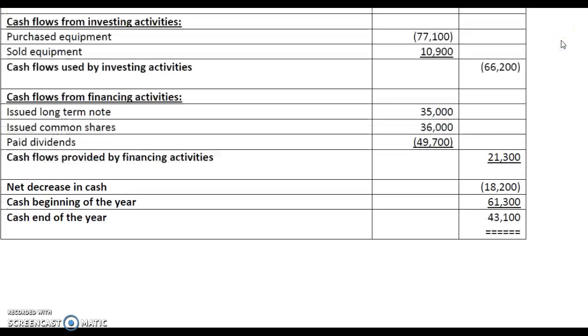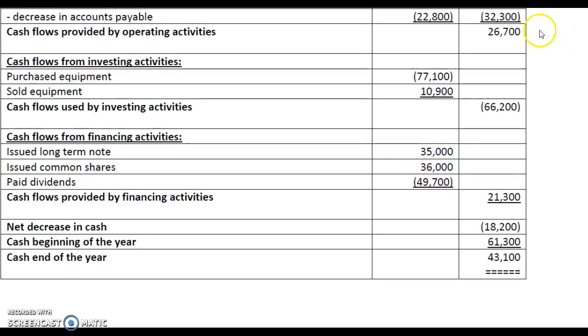Once we have got all three numbers under the three headings, that is cash flows provided by operating activities 26,700, cash flows used by investing activities minus 66,200, and cash flows provided by financing activities plus 21,300. This gives us an amount of minus 18,200.